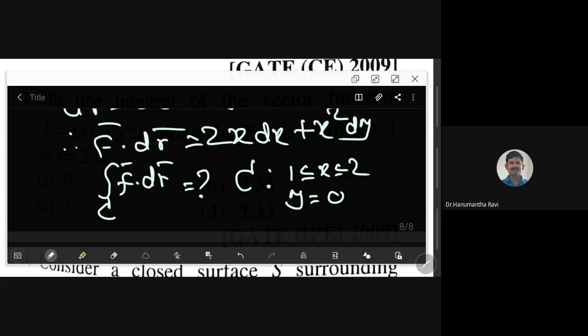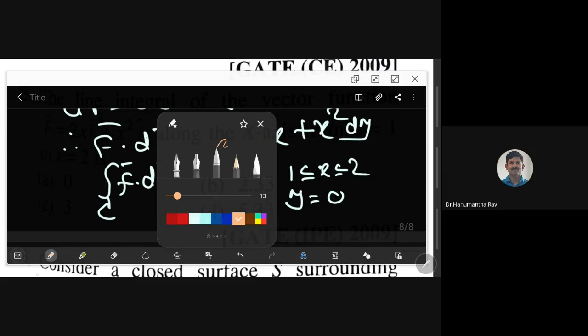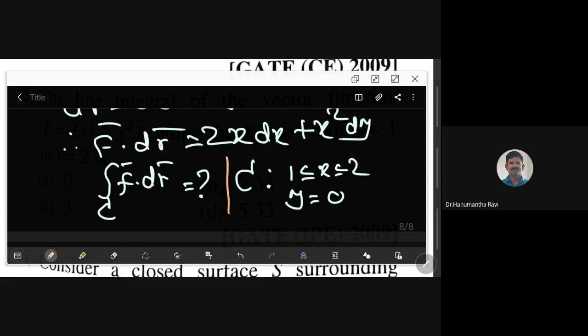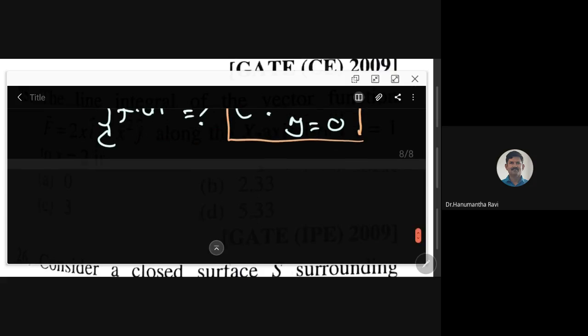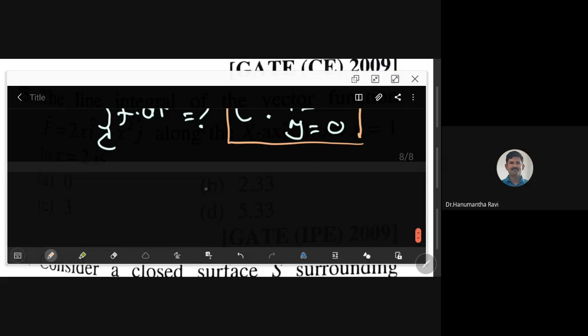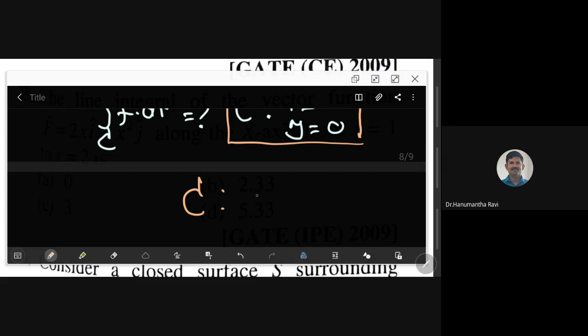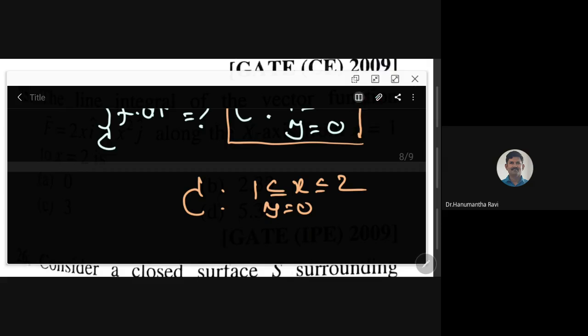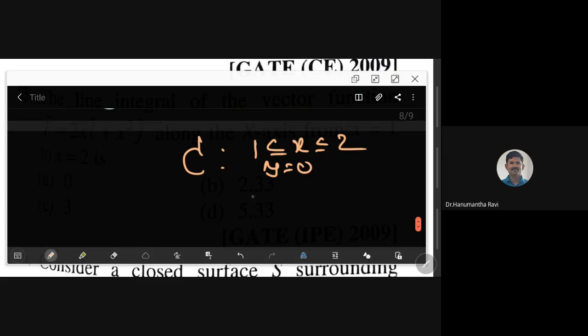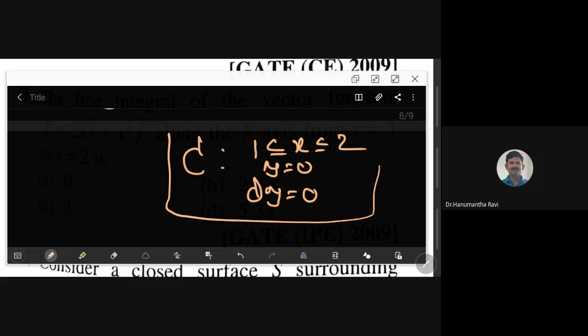So along our C, 1 less than or equal to x less than or equal to 2 is true. Y is 0 is true because we are moving along the x-axis. Because y is 0, dy is 0. That is important. Dy is 0.